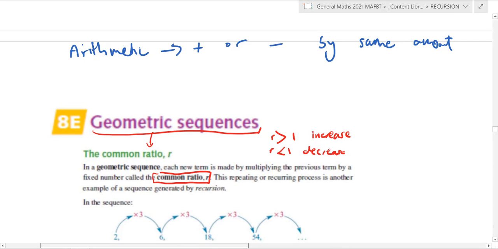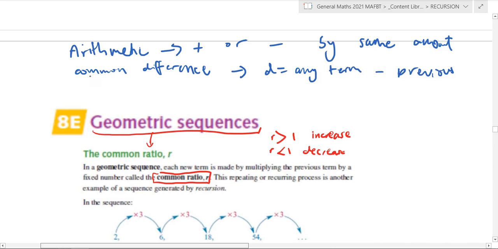For arithmetic sequences, we also use what we call the common difference, which is basically that amount you're adding or subtracting by. To find a common difference, remember, it's any term minus the previous.